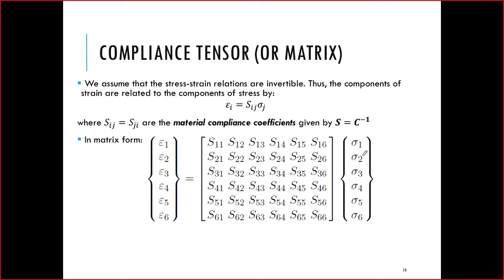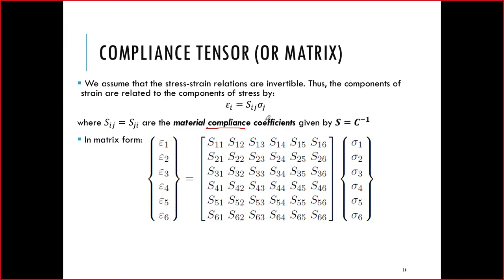Note here that I have used the Kevin-Voigt notation, so 1 to 6. And now the matrix that relates strains to stresses, that is the inverse of the stiffness matrix, is known as the compliance matrix.